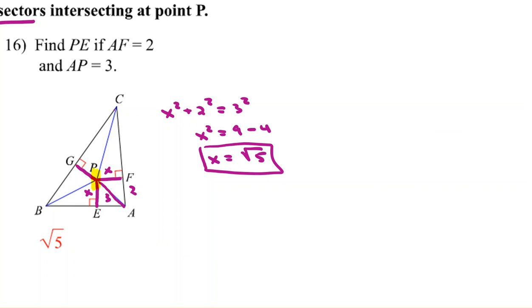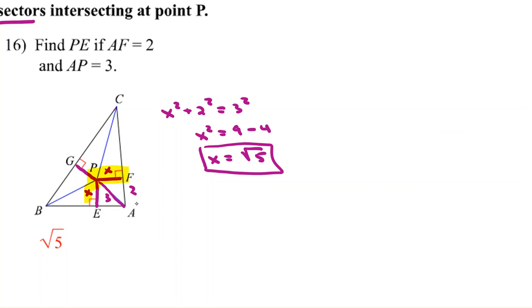And all of those perpendiculars are equidistant from the base. So the distance, that's what this right angle and this line is, the distance from the center to the base of each triangle. So looking for PE is the same thing as looking for PF.